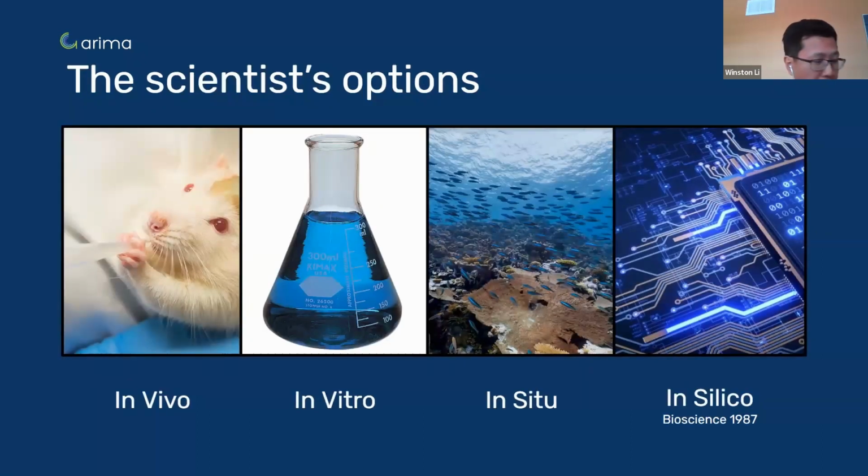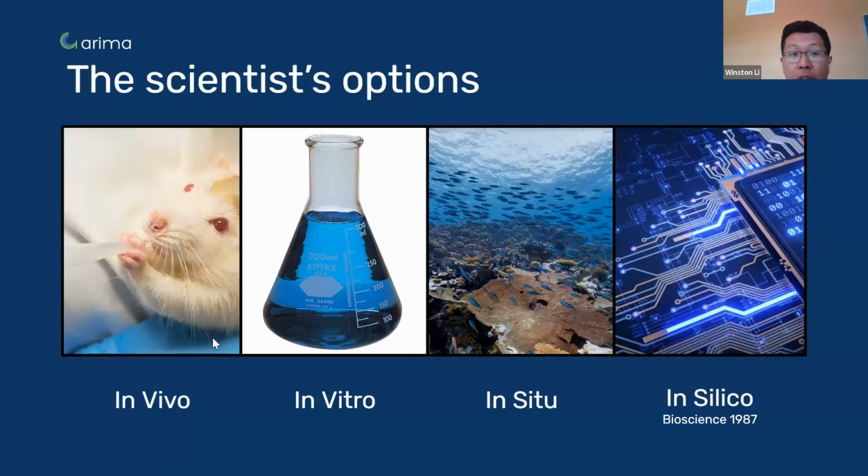The idea of synthetic data is nothing new. It existed way back in the 80s, even in the bio space. If any of you come from a biology background, you might have heard of terms like in vivo, in vitro, in situ, and in silico.